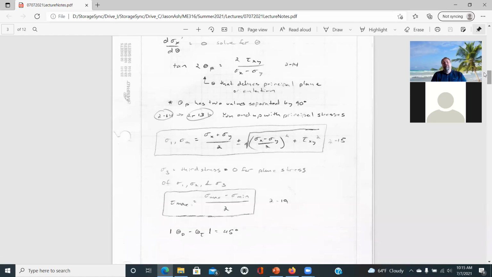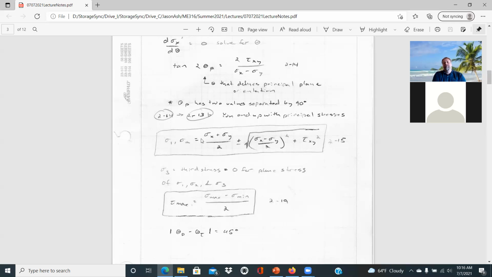And so that'll give you the orientation of the principal plane and then the principal stresses on that plane. For a state of plane stress, say sigma x, sigma y have values associated with them. Sigma z is 0, which is still a value, but it's 0 on that plane.